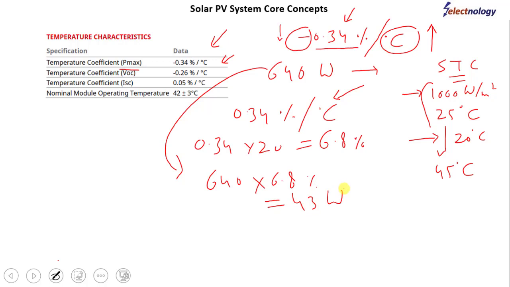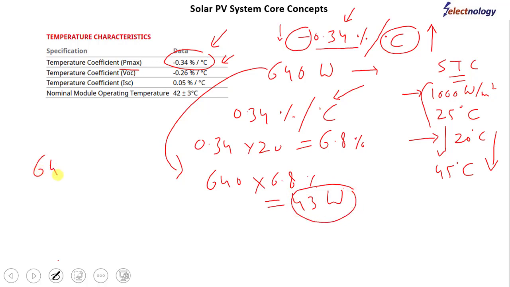In other words, if the temperature increases to 45 degrees centigrade, there is a change of 20 degrees centigrade in the temperature of the PV module. The rated power shall not remain 640 watts as specified by the manufacturer. The manufacturer is saying to use this temperature coefficient and find the rated power. So the rated power of the PV module has decreased by 43 watts.